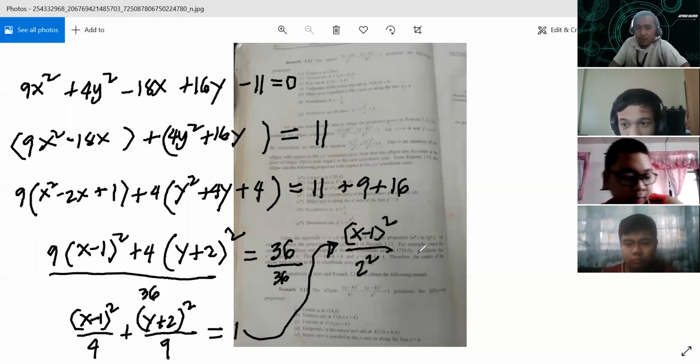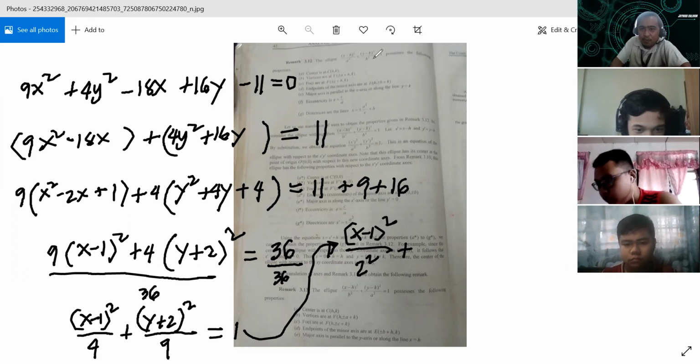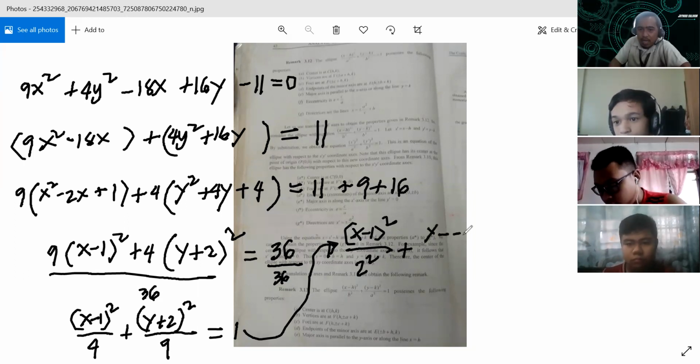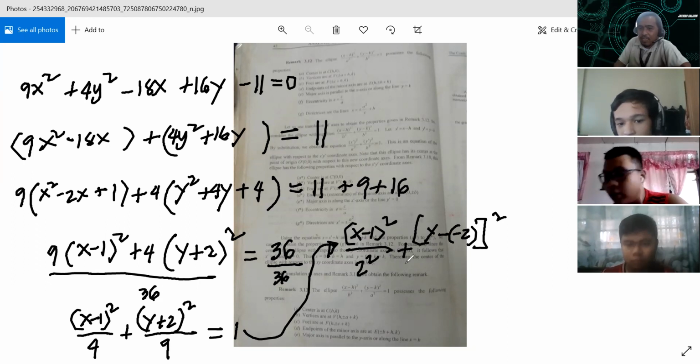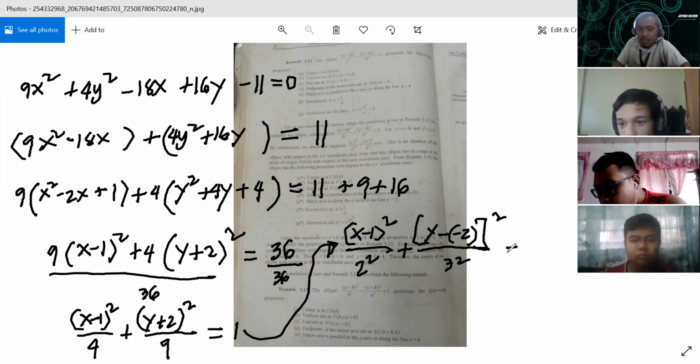Well, in this portion, I need to rewrite this into something like minus because all of the forms are in minus, right? So it should be written as y minus the negative of 2. Still, that is positive 2, right? Do you agree with me? The negative of the negative is just a positive. All over 3 squared equal to 1.